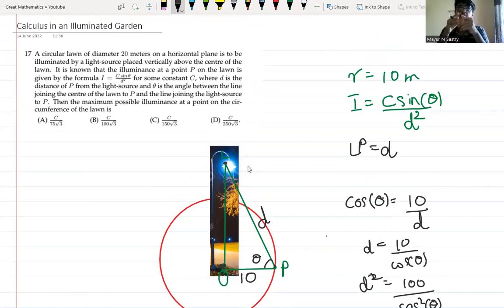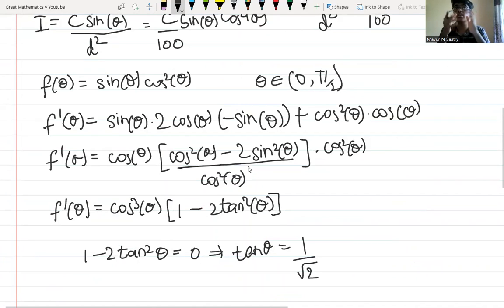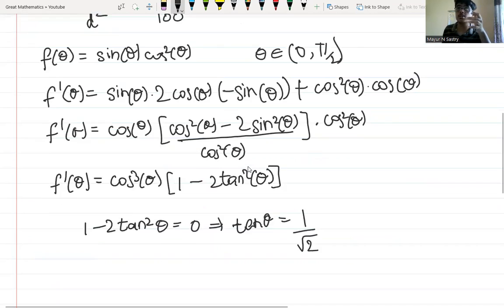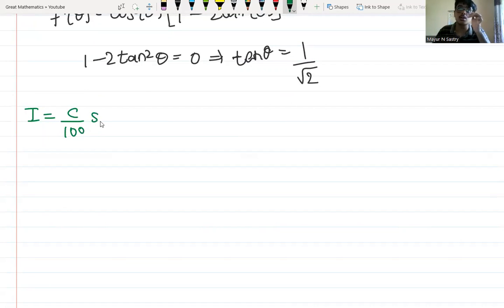It's asking the maximum possible illuminance, that is the value of that illuminance. So for that, we just need to substitute the value of theta in the expression for illuminance. What we found for illuminance was I equals C by 100 sine of theta cosine squared theta.